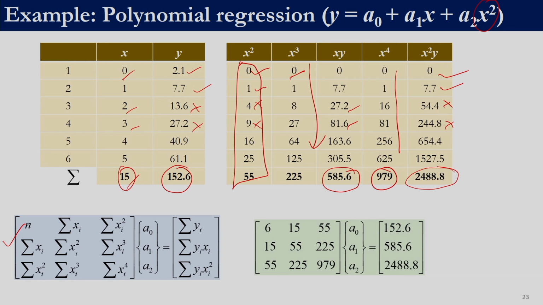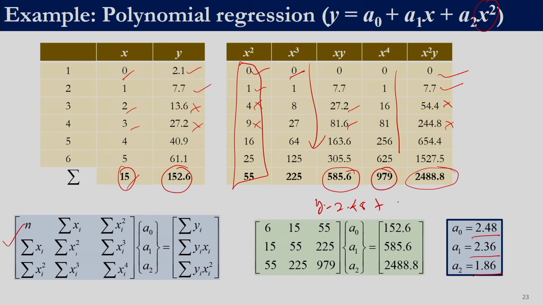If we plug in those values and solve these 3 equations in 3 unknowns, we will get 2.48, 2.36 and 1.86. So, our model is y is equal to 2.48 plus 2.36 x plus 1.86 x square.